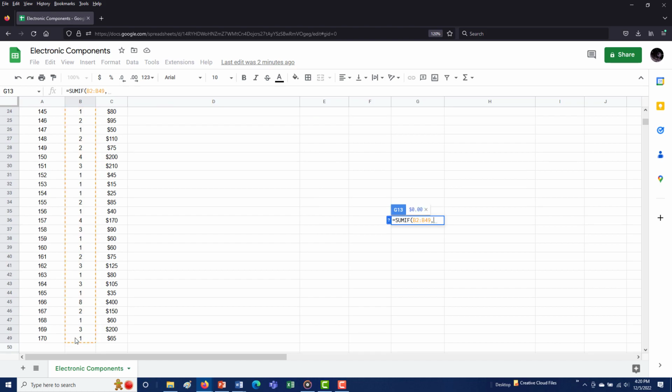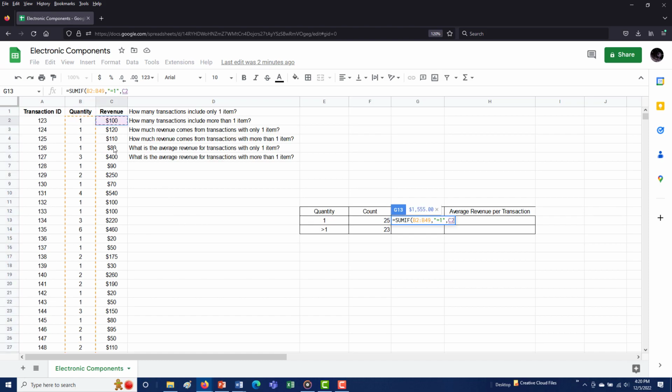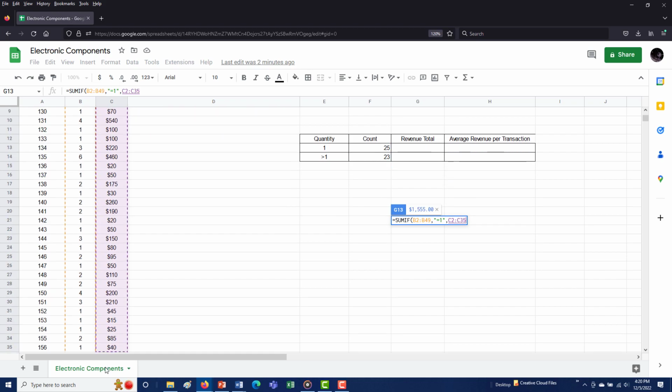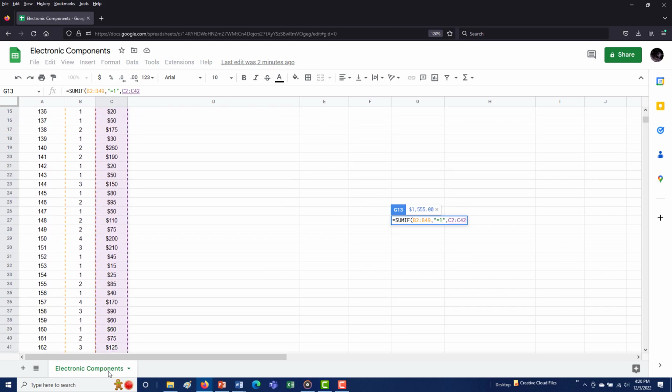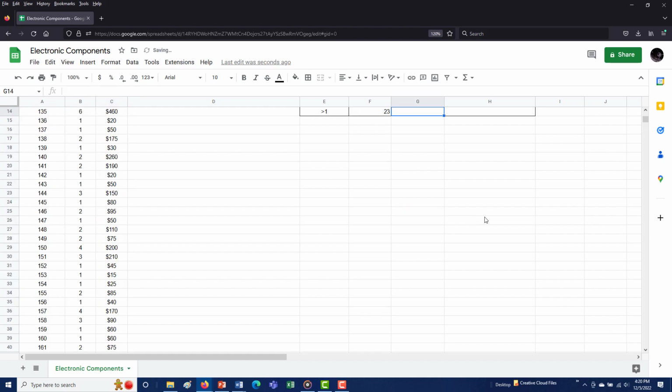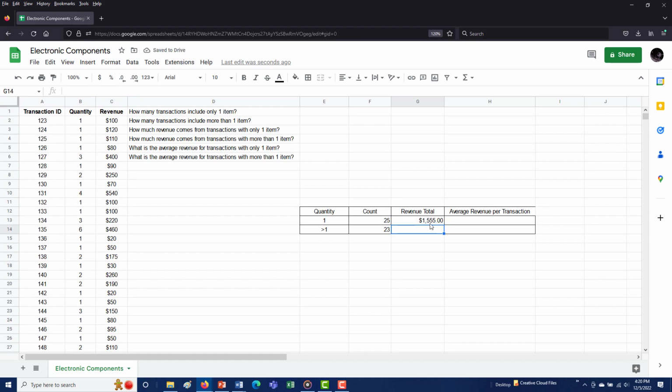Comma, same thing as before, equals 1, close, comma, and then we select our next column. So we start back up here at C2, drag down to C49. Close parentheses, hit enter.